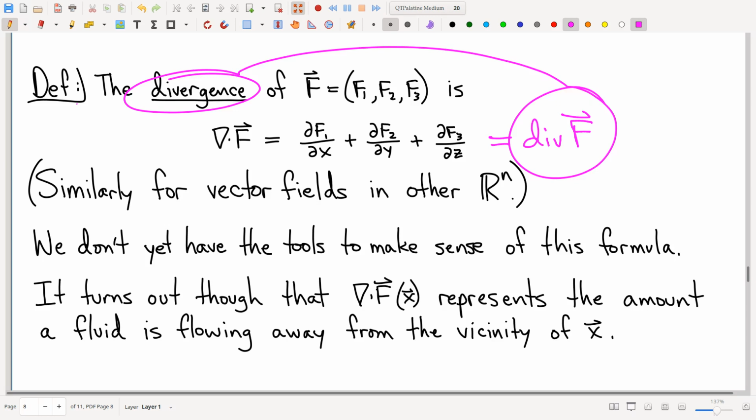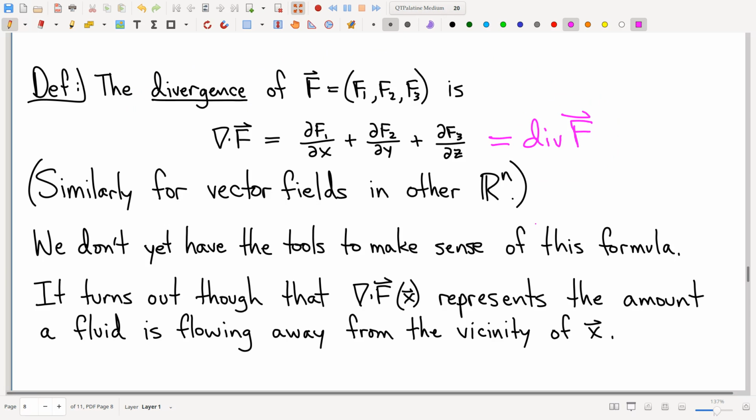This is an abbreviation of divergence. But in practice, my experience has been I see this much more commonly. So heads up.